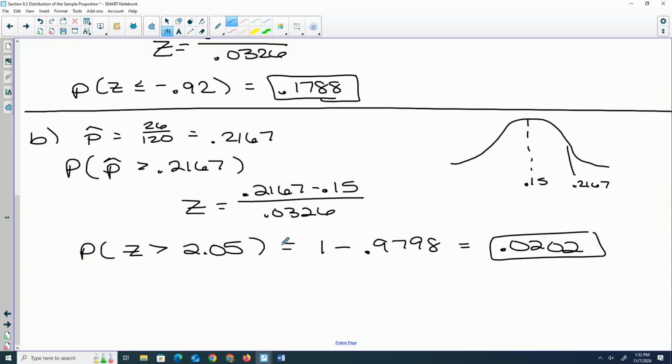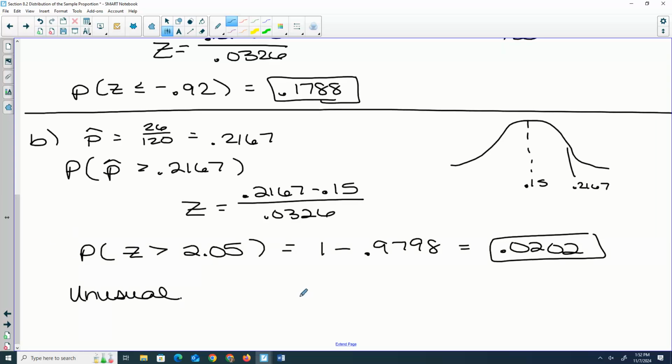So what do we conclude? It would be very unlikely. So what about this group caused them to have more hearing loss? They have headphones. So it said, what might you conclude? That means there's not just one right answer, but we could conclude that headphones cause more hearing loss.